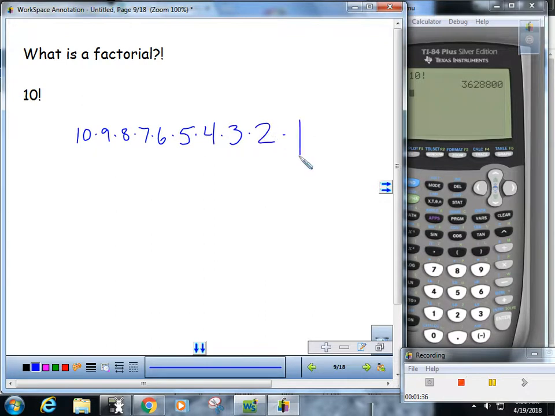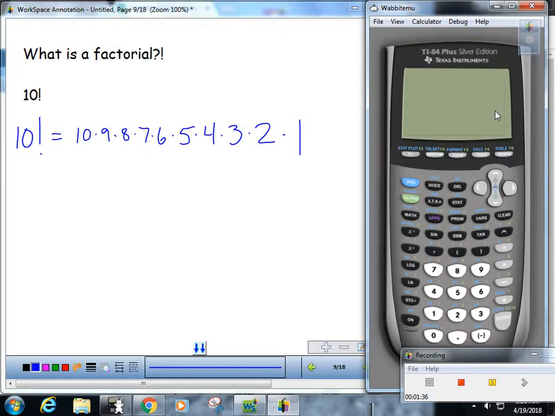That is what 10 factorial equals. And I'm sure you're thinking, I don't want to type all of that into my calculator. Well, good for you. Okay? Because I don't either. Math is for lazy people that consider themselves smart. So, there you see what the answer to this is. It's 3,628,800. How do you do that?